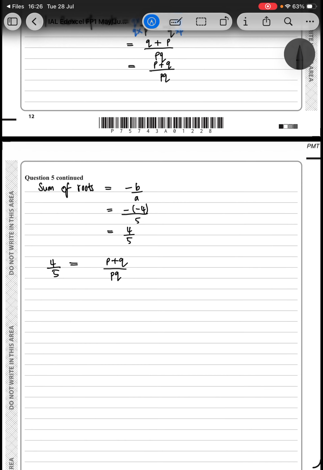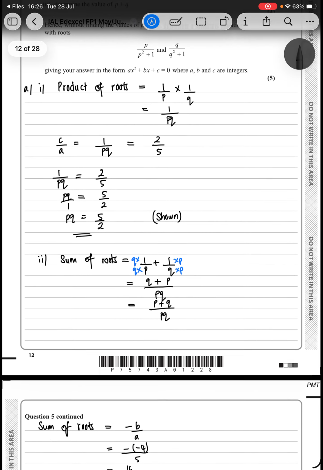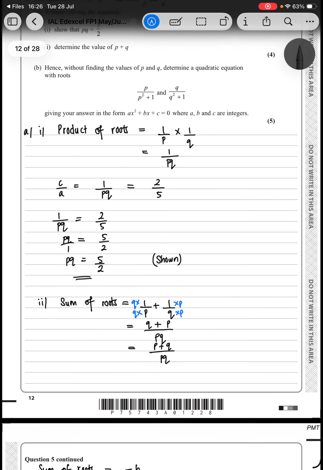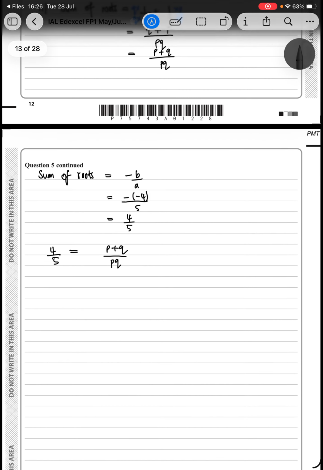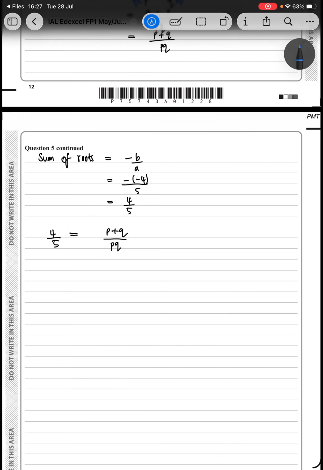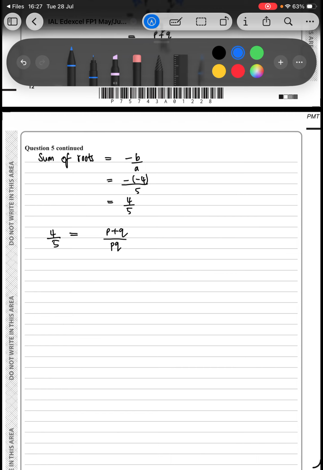If you see this fraction, we already found the value of PQ in part 1. So we can substitute that value in. I'll take another color for the substitution.